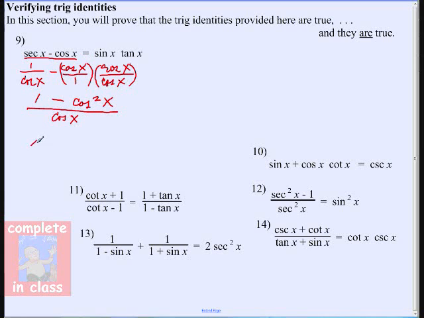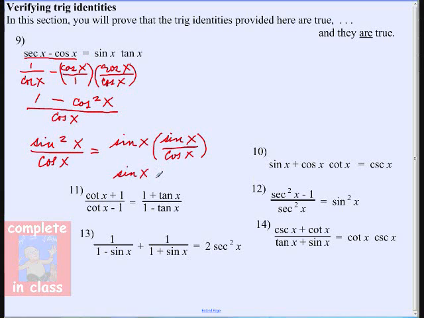So that's going to be sine squared x over cosine x, which I recognize could be written as sine x times sine x over cosine x, which could be written as sine x times tangent x. I'm done.